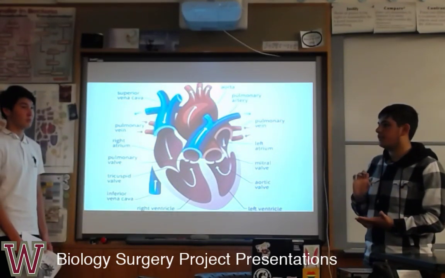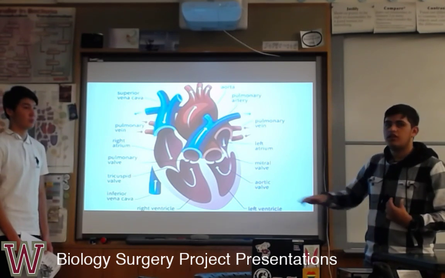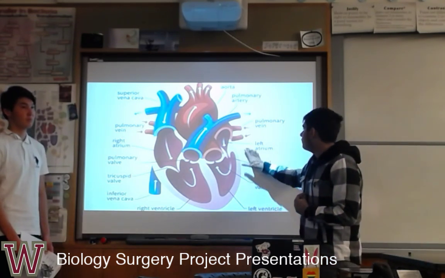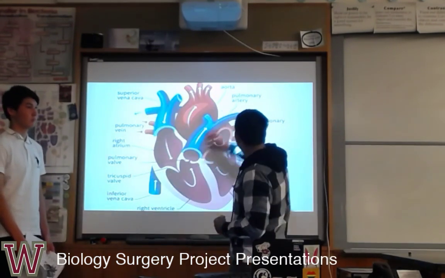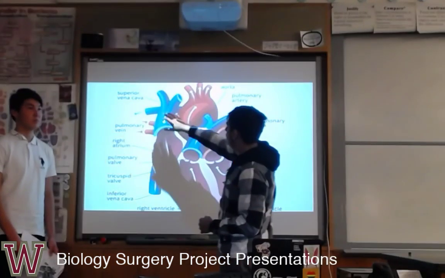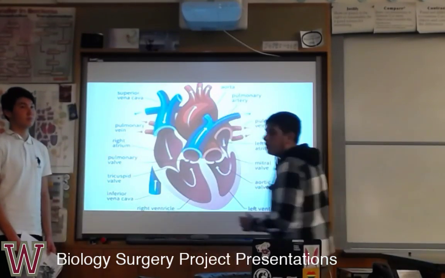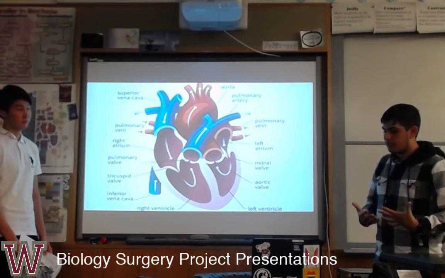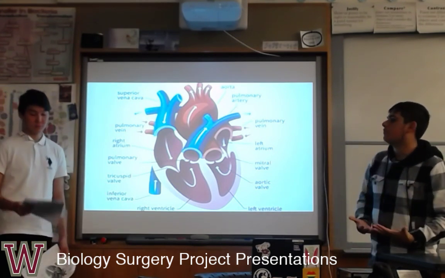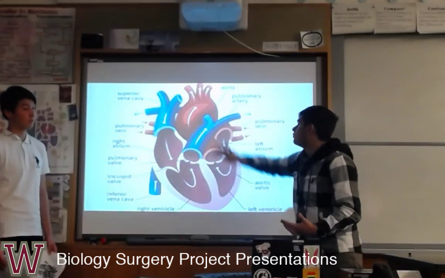Arteries will pump it out, and veins will pump in. And so these places on the heart here, the arteries, the pulmonary arteries, over here and over here, will all be cut. So an easy way will be found for the heart to be removed from the body, and then once a new heart is put into place, these locations will all be sewed back up.